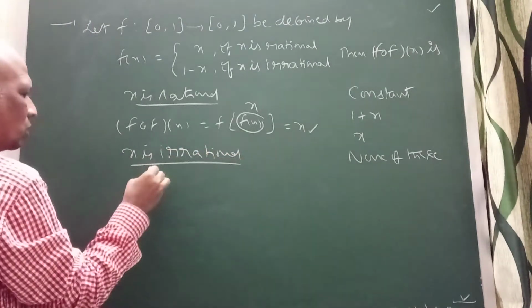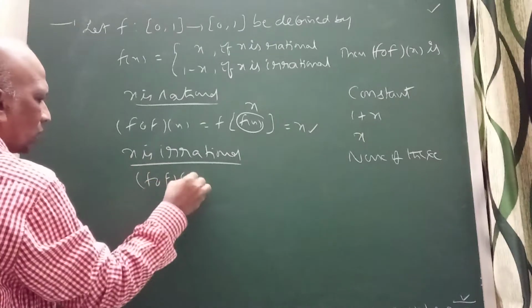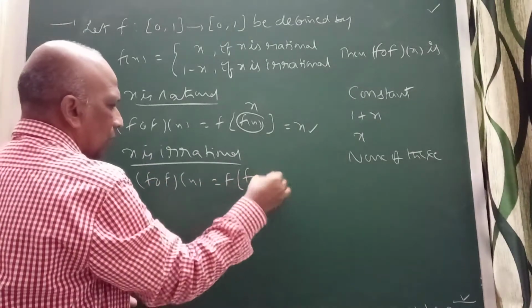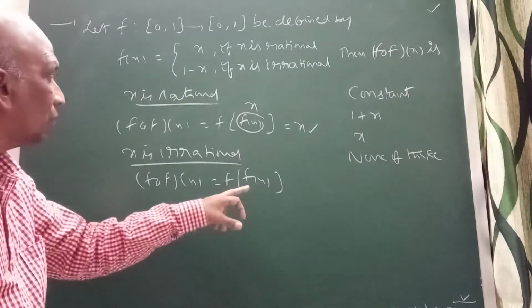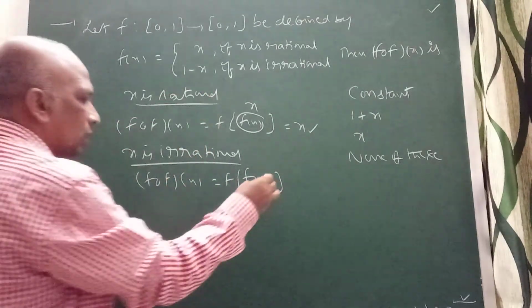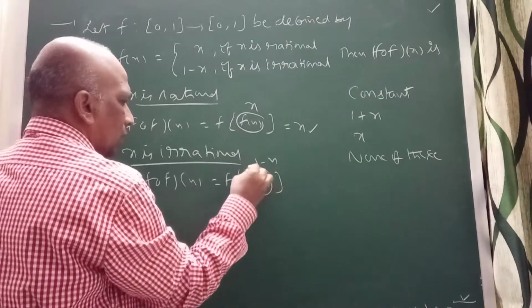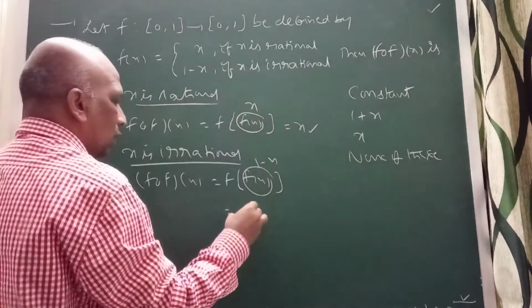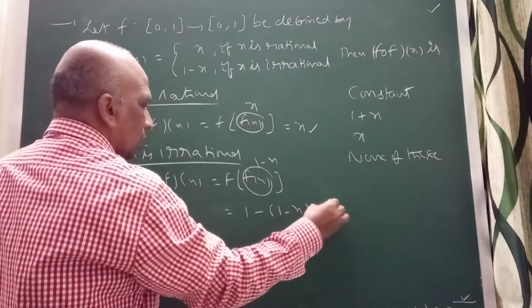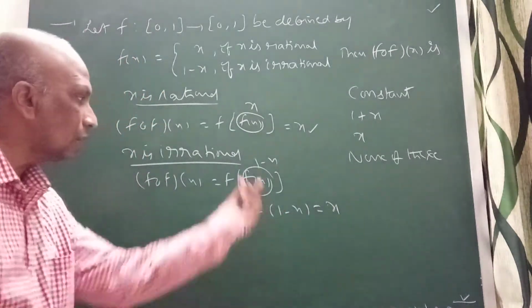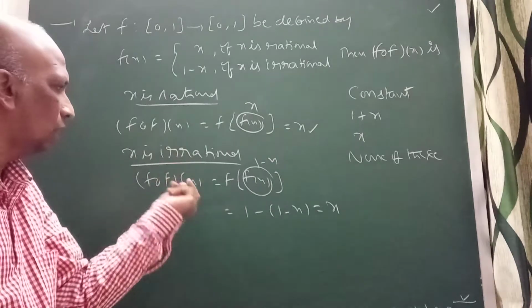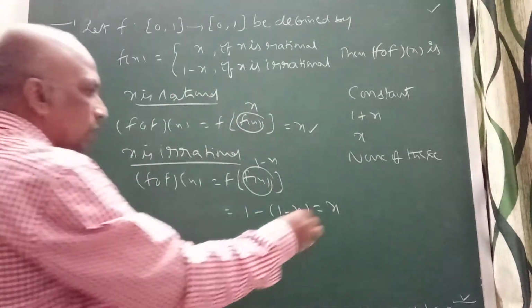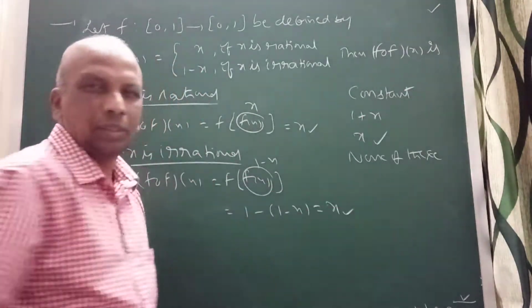Then f of f of x: f of x is 1 minus x. Again, f of 1 minus x means replacing x with 1 minus x, so 1 minus (1 minus x) will be x. Because f of x is 1 minus x, it is irrational, and again f of 1 minus x gives x. So your answer is x.